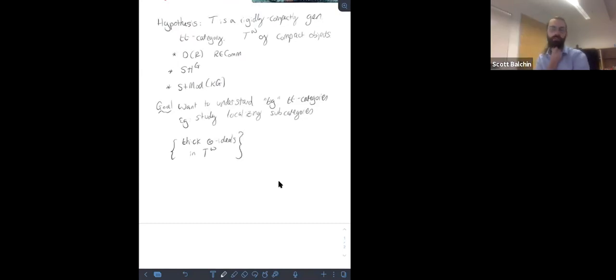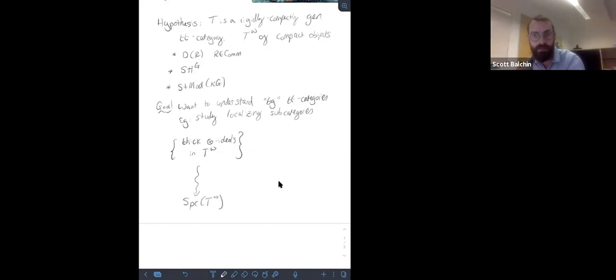Thick here, for those who don't know, I just mean that it's a triangulated subcategory closed under direct sums, and also we're tensor absorptive, just like in a ring. We want to classify the thick tensor ideals of a triangulated category. This has been done by several people, but there's a really nice universal invariant which tells us about these things. And this, of course, is the Balmer spectrum, which we'll come back to later.